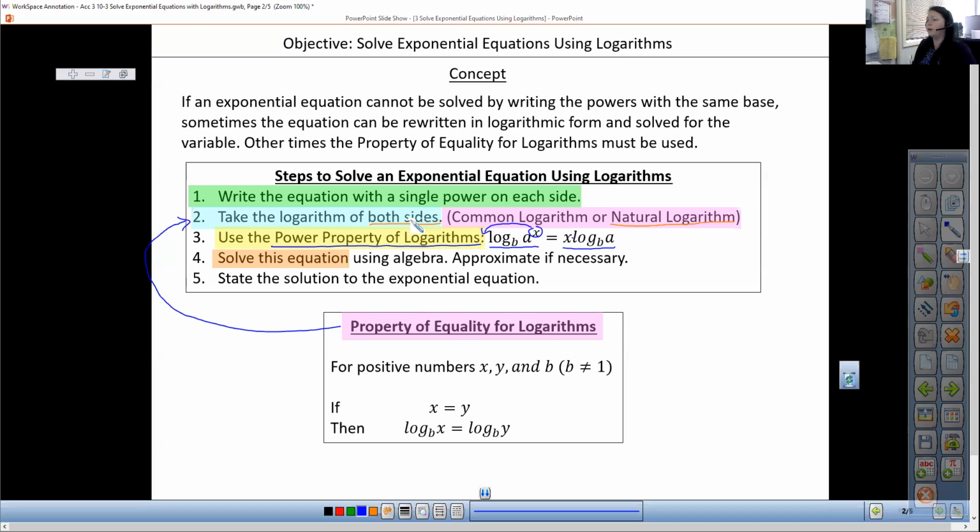When we say take the logarithm of both sides, what we have is that for positive numbers, if we have x equals y, then taking the logarithm of the same base of both sides creates an equivalent expression. So we're starting with this x equals y, this power equals a power structure, and then taking the logarithm of both sides gives us an equivalent expression, meaning that x and y would still have the same relationship.